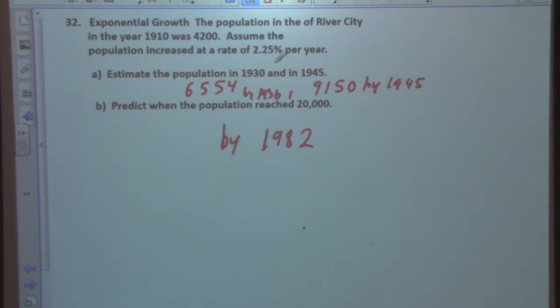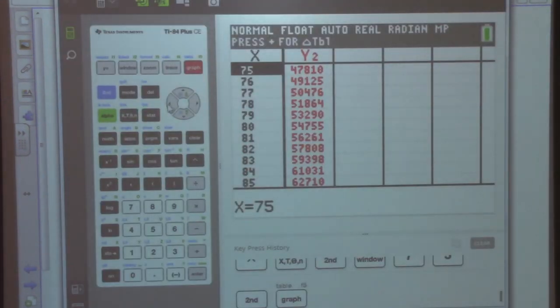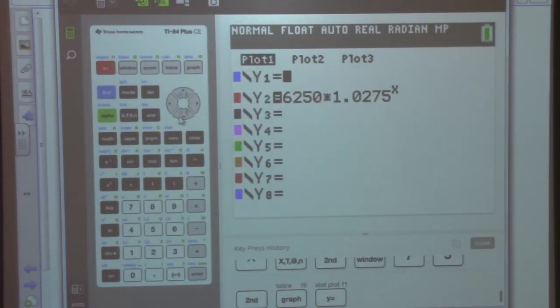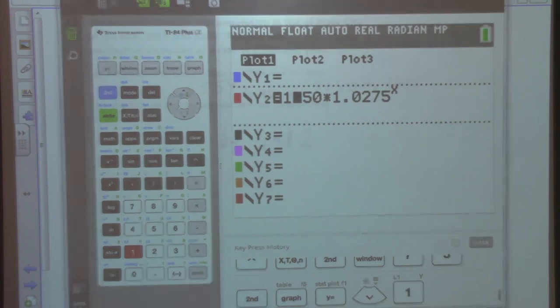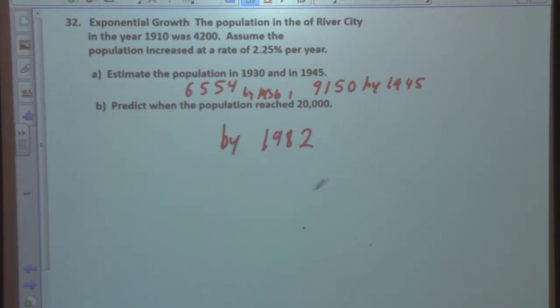Okay, and then we have, is it 1.0225? Yeah. From here, this is the logarithm thing. Oh, you did? Yeah. Okay, so let me do it that way. So you did the logarithm, so you had 20,000 equals 4,200 times 1.0225 to the power of t.